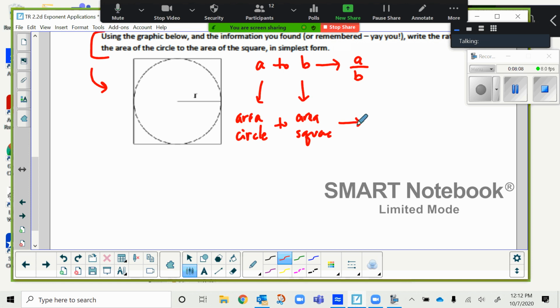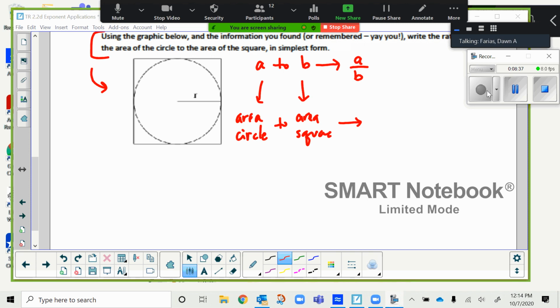So think about what we said about the formula for area of a circle and the formula for area of a square, and write those as a ratio. And you can use those two formulas that we just wrote right on top that we talked about.